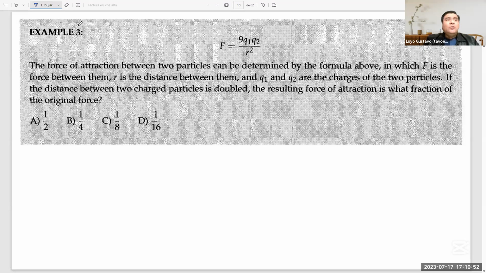If the distance between two charged particles is doubled, the resulting force of attraction is what fraction of the original force? So they're asking you this, okay?